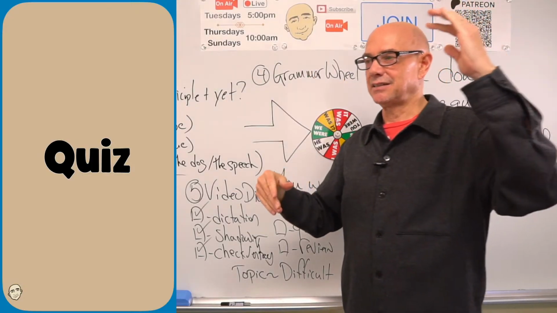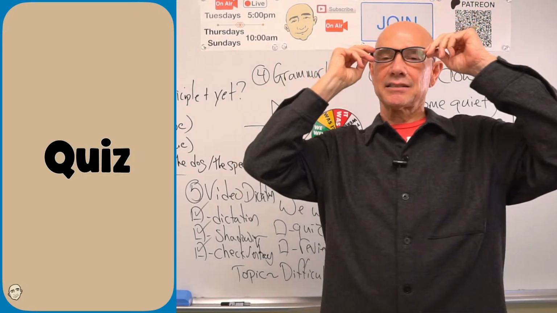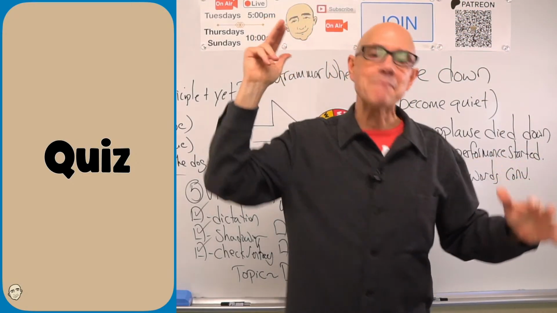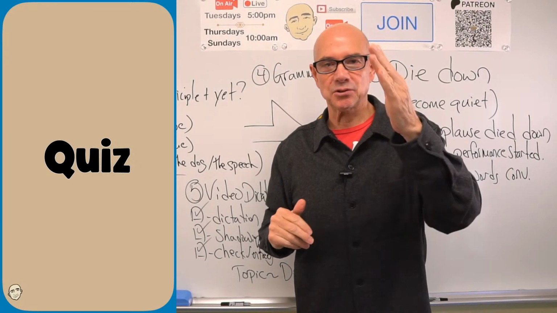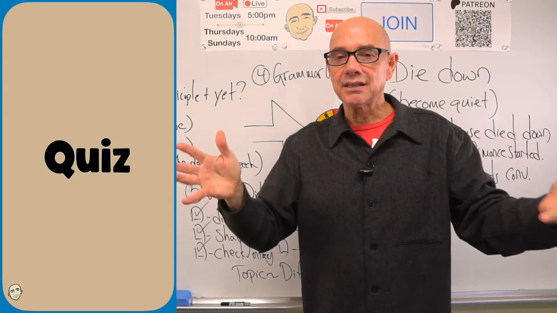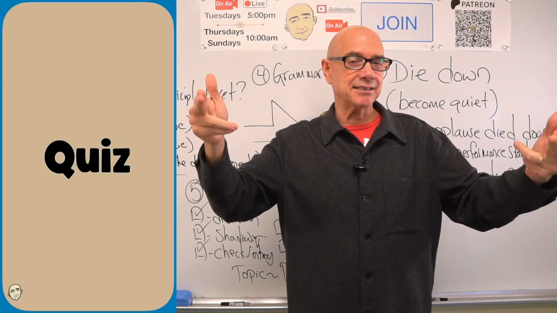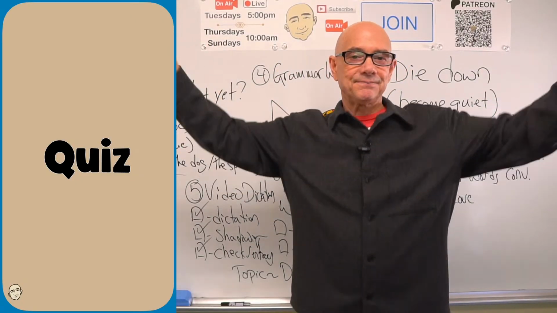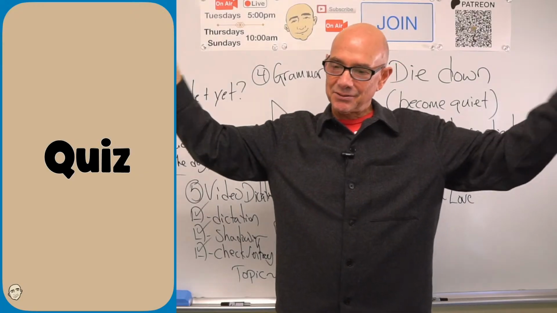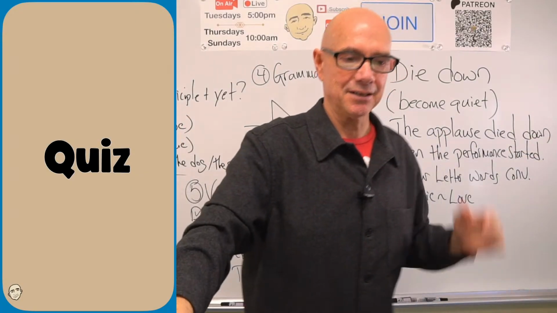That's the secret sauce. Remembering, okay? So the quiz is going to let you know if you remembered the sentences. If you remembered the sentences and you got it right, that's the key. That's great. Here we go.